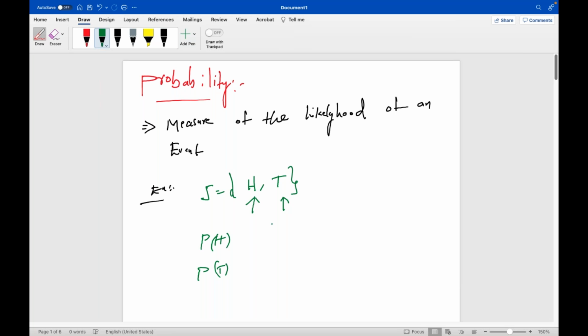Now if you want to calculate the probability, you need to remember two things.